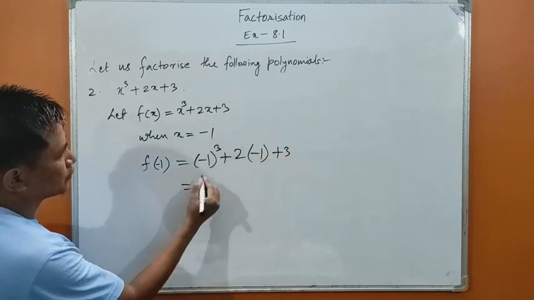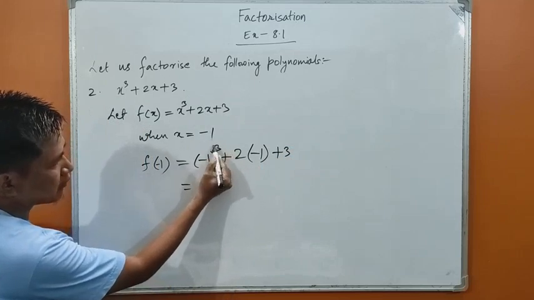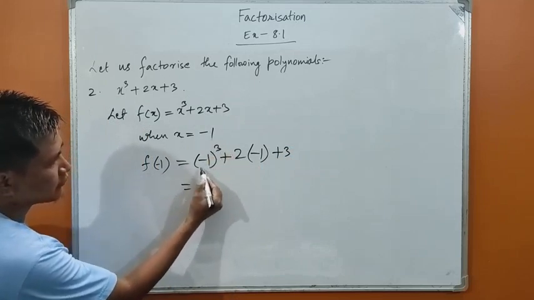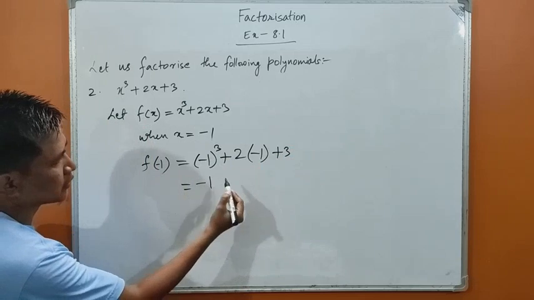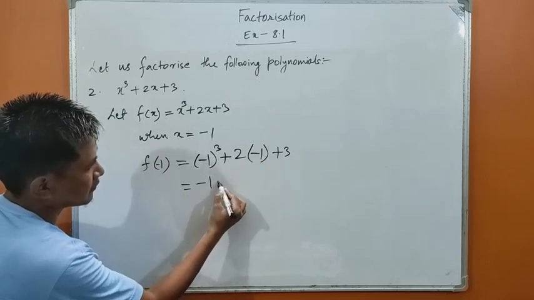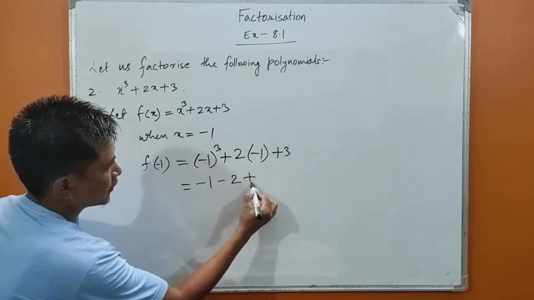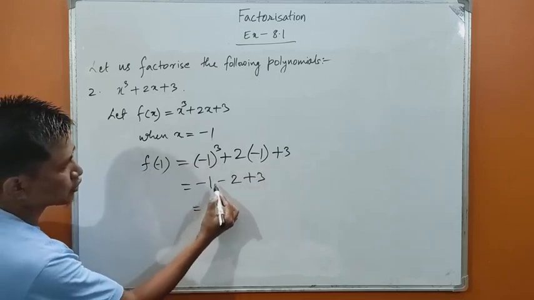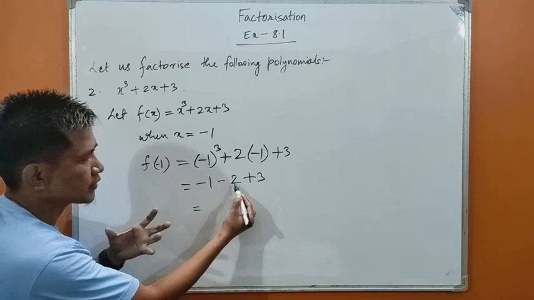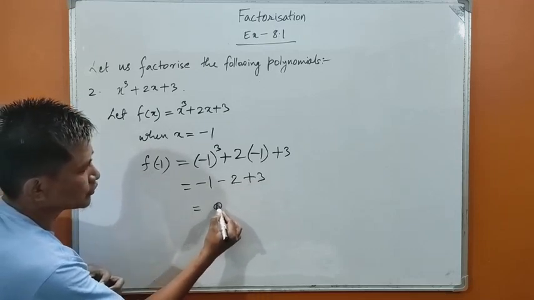So minus 1 cubed is, since the power is an odd number, the sign will remain minus. So minus 1. Plus into minus is minus. 2 1s are 2. And this is plus 3. Now minus 1 minus 2 becomes minus 3. Minus 3 and plus 3 becomes 0.